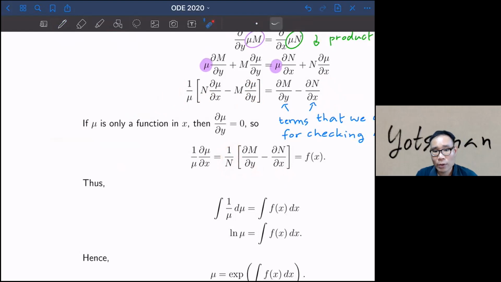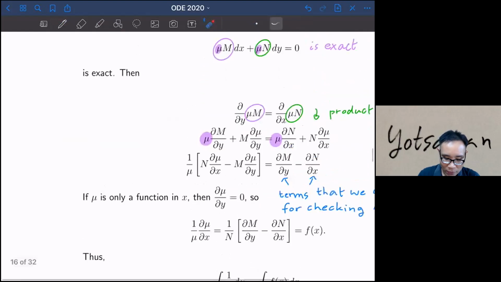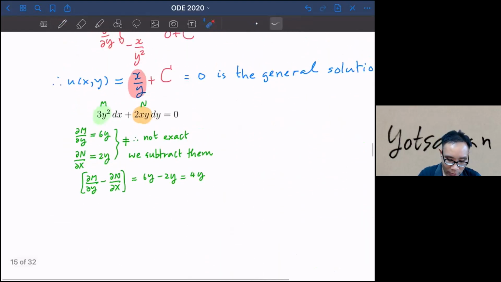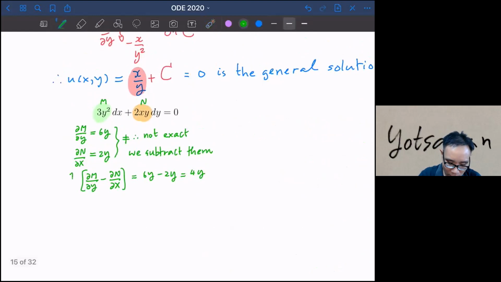The thing that I will teach you to memorize is that this one is N, this one is M, and this one is N. They kind of alternate each other. So you have 1 over N, then M, then N, like this.